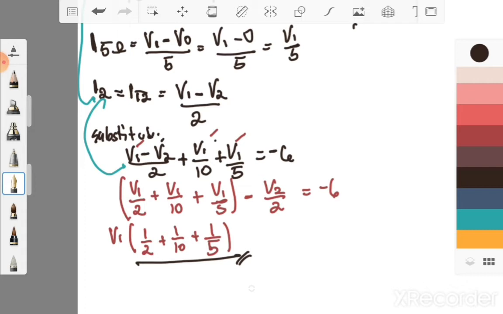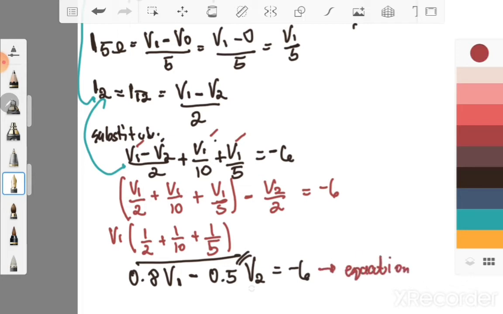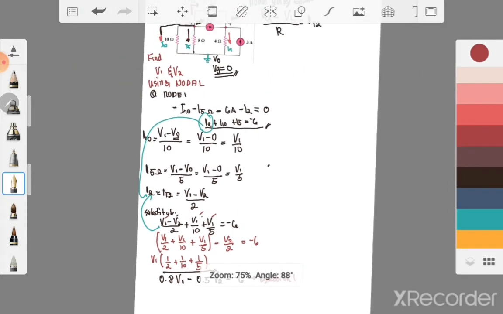So therefore, we have a value equal to 4 over 5 V1 or 0.8 V1 minus V2 over 2, which is 0.5 V2, which is equal to negative 6. This will serve as your equation 1. Right? That would be your equation 1.